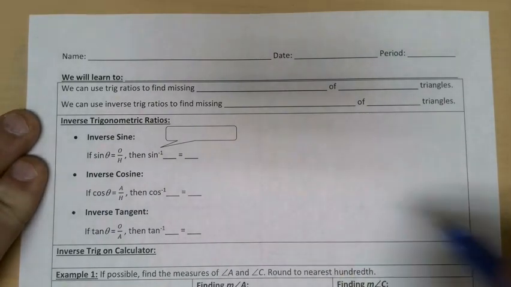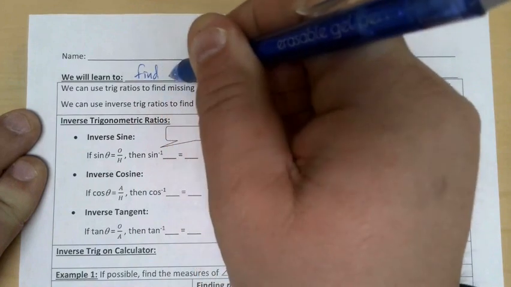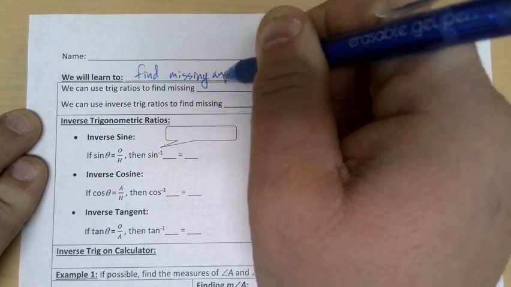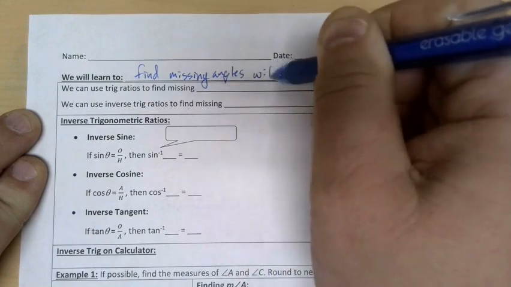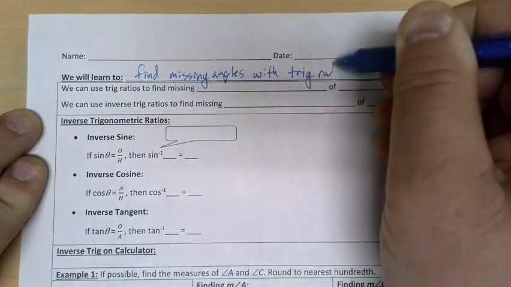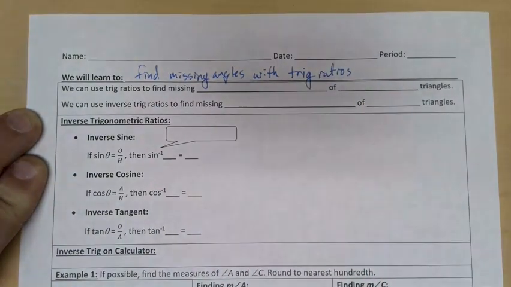What we're going to learn to do is find missing angles with trig ratios. That's the topic of today's assignment.